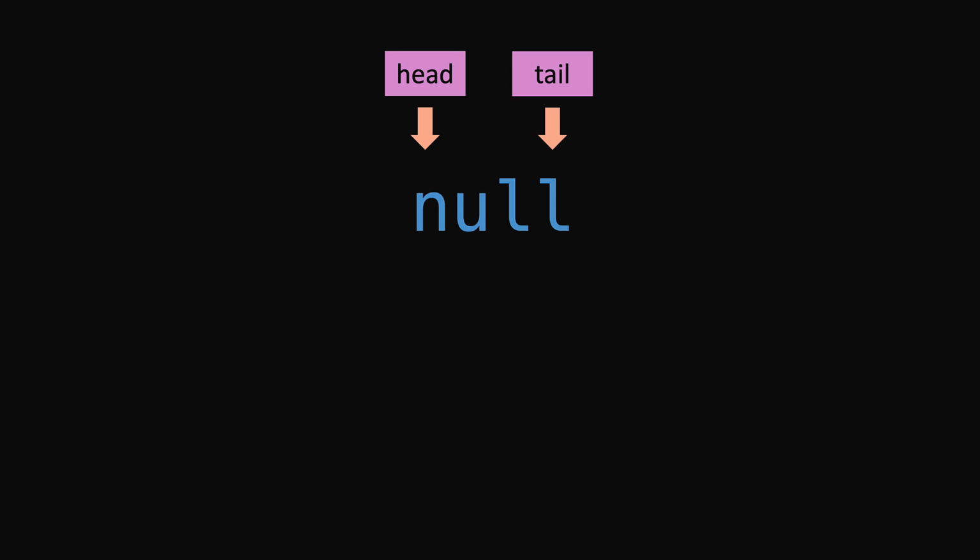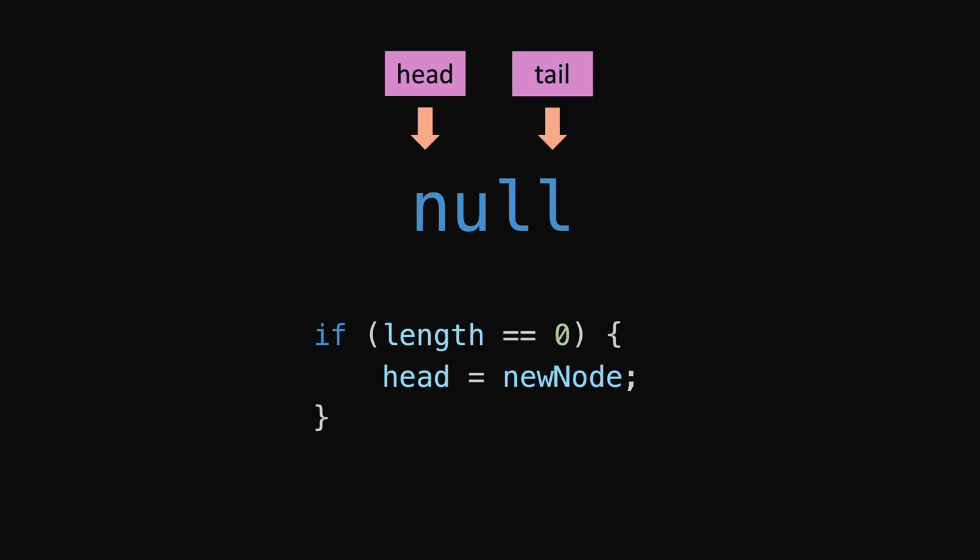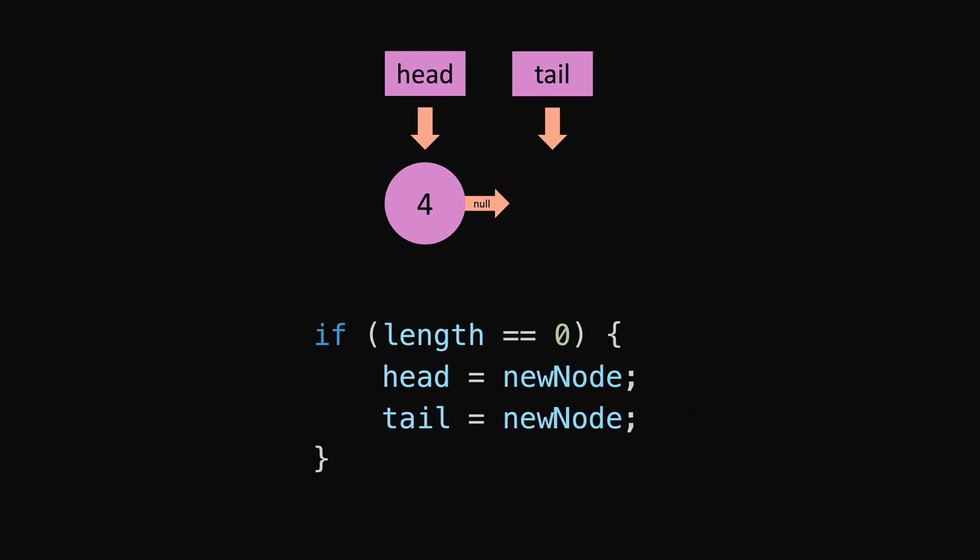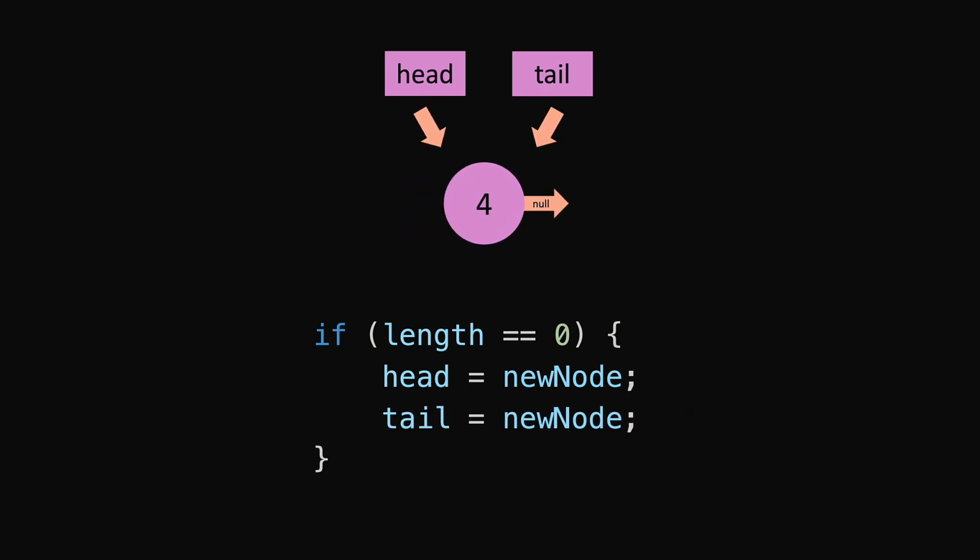So we'll do that by saying if the length is equal to 0. You could also say if head is equal to null. You just have to have some way of testing to see, is the linked list empty? So if this is the case, we want to set head to be equal to new node like this. And then we also want to point tail to the new node like this.